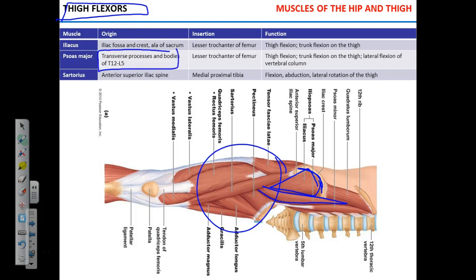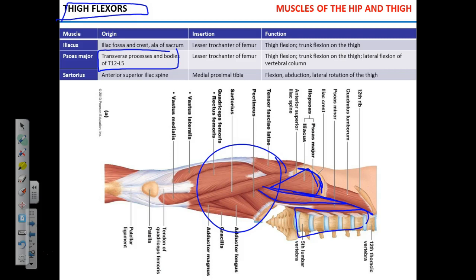And psoas major originates at the lowermost transverse processes of the lumbar vertebrae. On the leg, you can see psoas major being number 1 and iliacus being number 2. Can you see that?